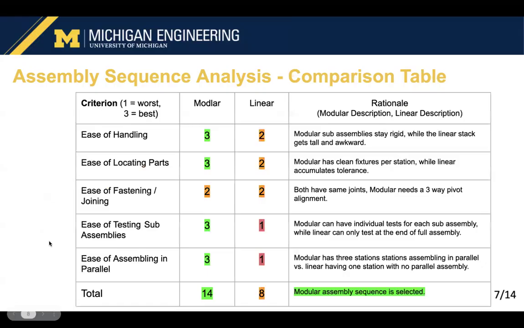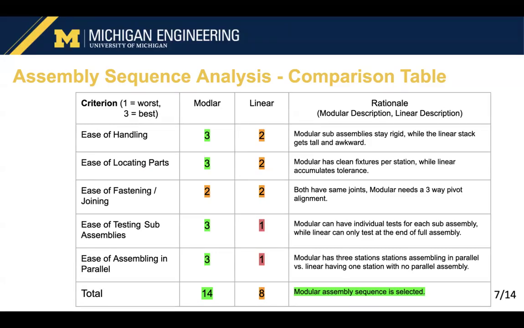To choose between them, we scored both against five criteria. Modular wins on handling because sub-assemblies stay rigid while the linear stack grows tall and awkward. It also wins on locating parts since each station works against clean fixtures rather than accumulating tolerance up the stack. Fastening is a tie because both use the same joints.